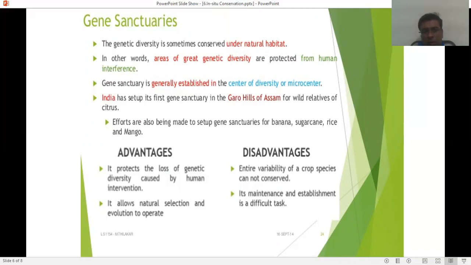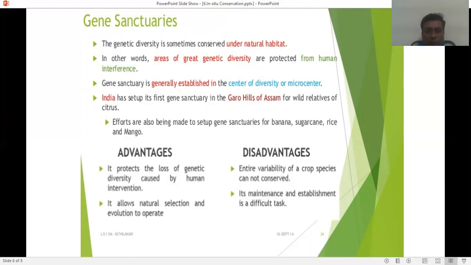In other words, areas of great genetic diversity are protected from human interference. A gene sanctuary is generally established in the center of diversity or microcenter. It is established, for example, for wild relatives of citrus. So citrus is one type of plant.